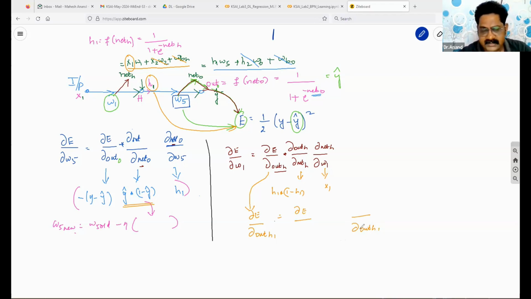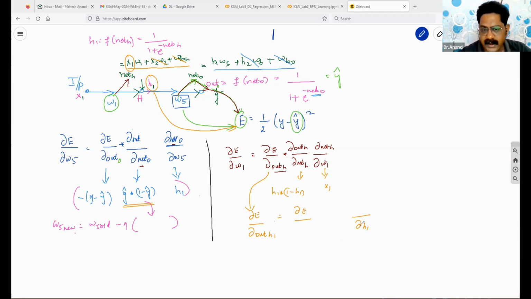If this term is a bit confusing, you can represent the equivalent term. You can shortly refer to this as H1 itself. Yeah, the output at the hidden is nothing but H1, right? So you can write this as H1 itself. Both are the same. Output at the hidden is nothing but H1, we represent that as H1.